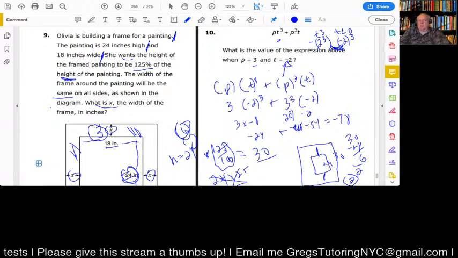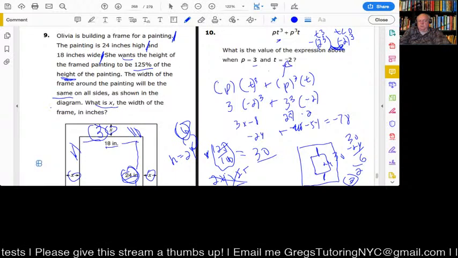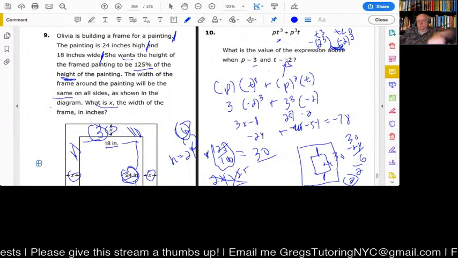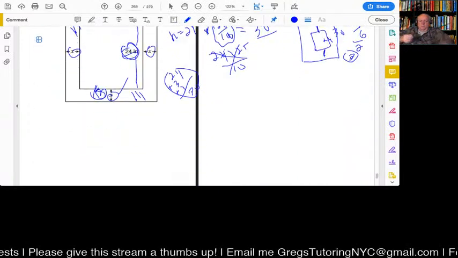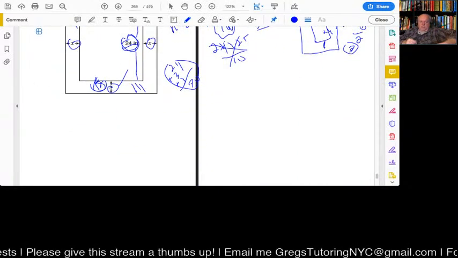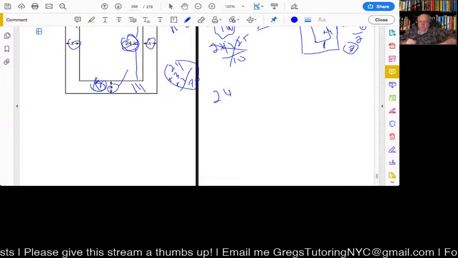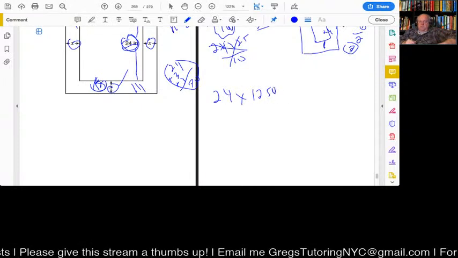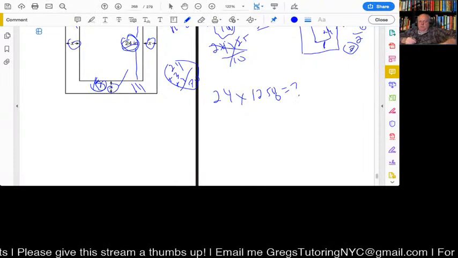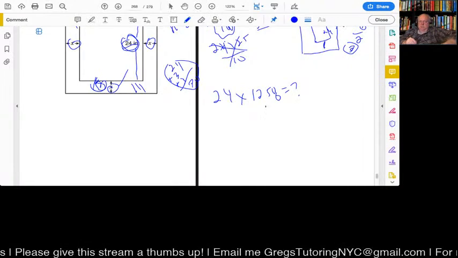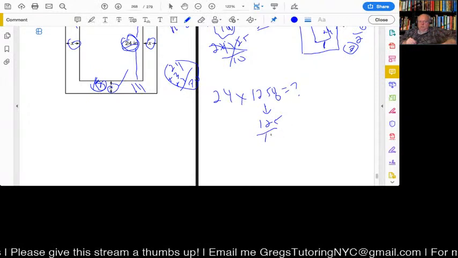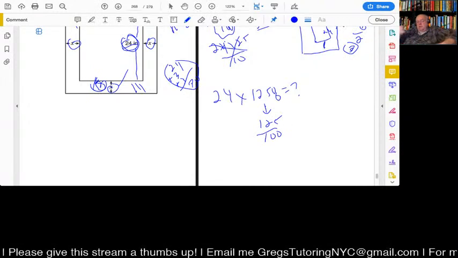Well, they wanted to know the width. So it's going to be 30 minus the 24, right? We had 24 times 125% equals what? Okay. So this is the same as 125 over 100. Okay, so we could actually do that math or not.